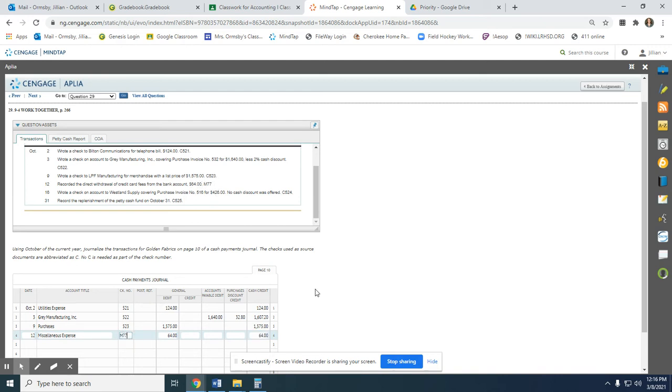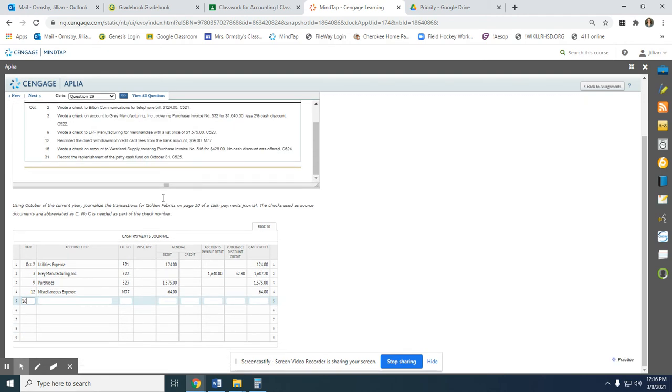So M77. All right. Next, on the 16th, we wrote a check on account to Westland Supply covering purchase invoice. So that means we're going to utilize accounts payable.